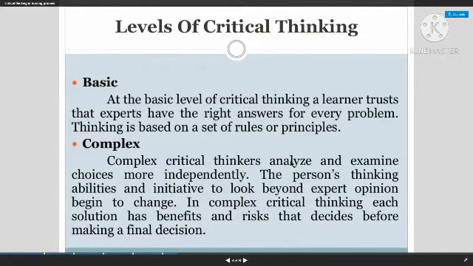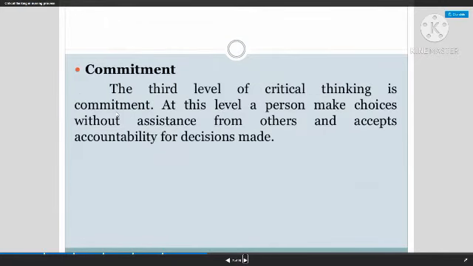But complex thinkers analyze and examine the choices more independently. In complex critical thinking, each solution has a benefit and a risk that are weighed before making any final decision.